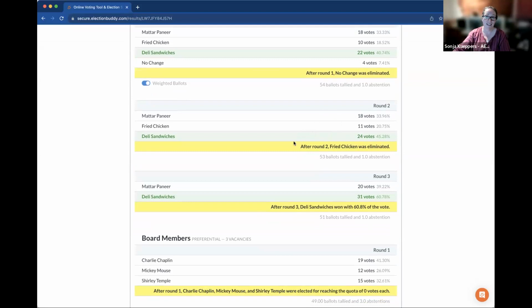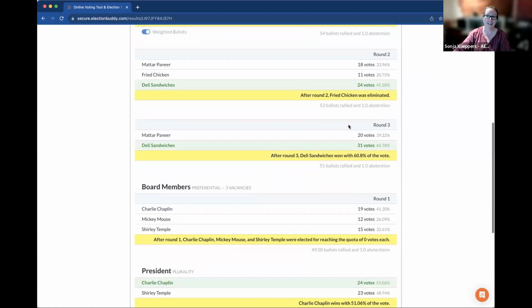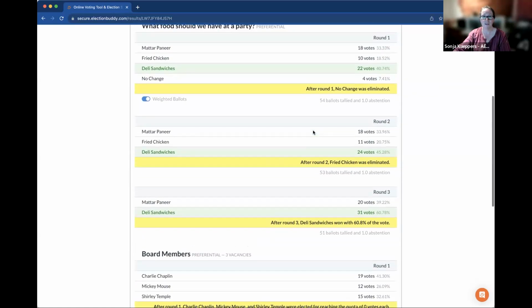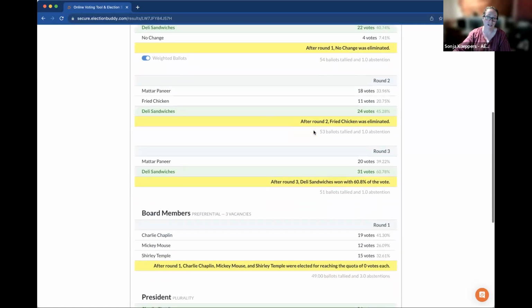Then fried chicken got eliminated because it had the next least number of first place votes after no change got eliminated. And then finally, after eliminating fried chicken, deli sandwiches won. In this case, deli sandwiches was the most popular thing all along, but that's not necessarily always going to be the case with this kind of vote.